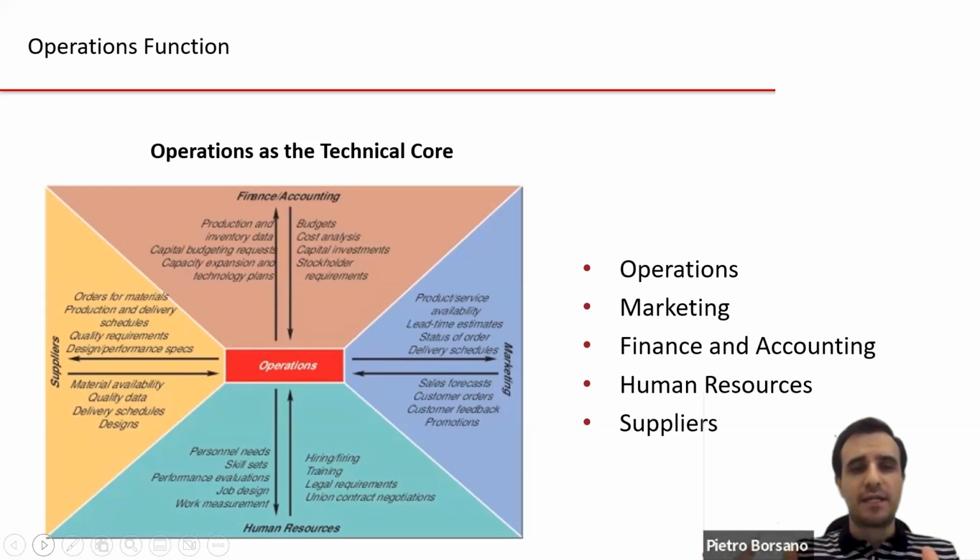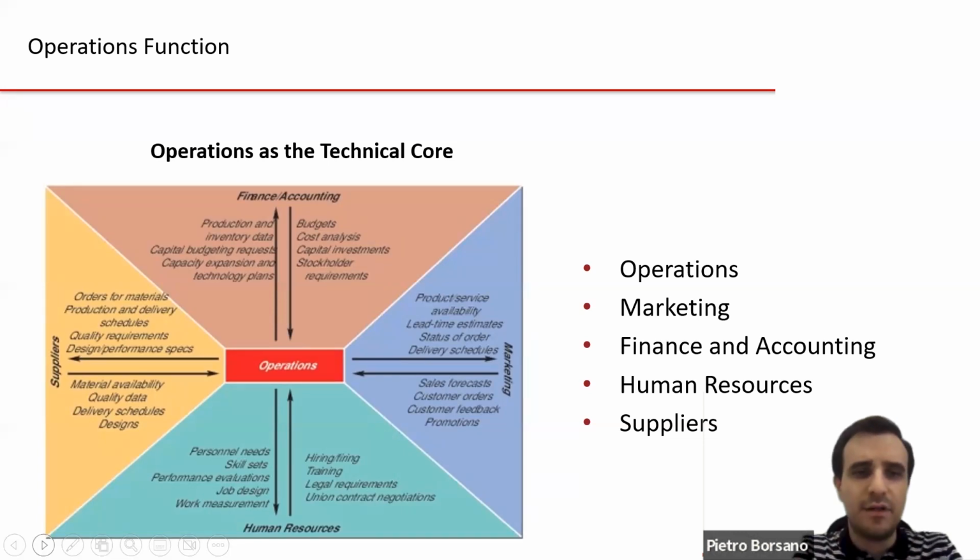If you don't have this scaffolding provided by your operations, and if you don't have a continuous communication and feedback loop between finance, marketing, human resources, and suppliers in your operations, you will eventually have some conflicts among your business functions. You have some inconsistency in your organization.